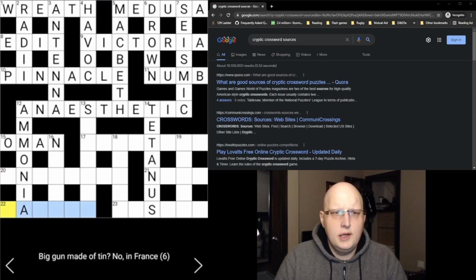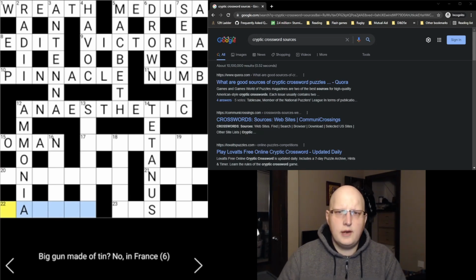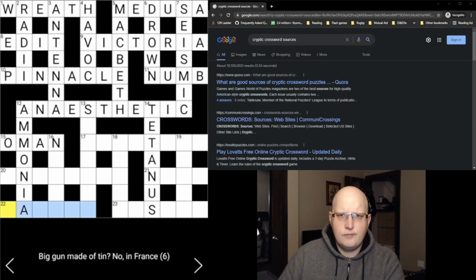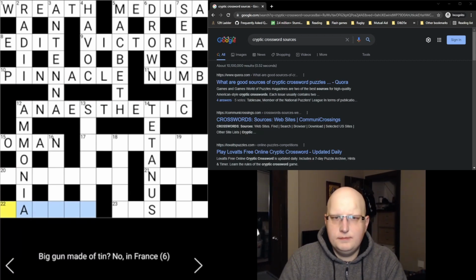Big gun made of tin? No, in France. Let's think about that for a sec. Oh, what is no in France?